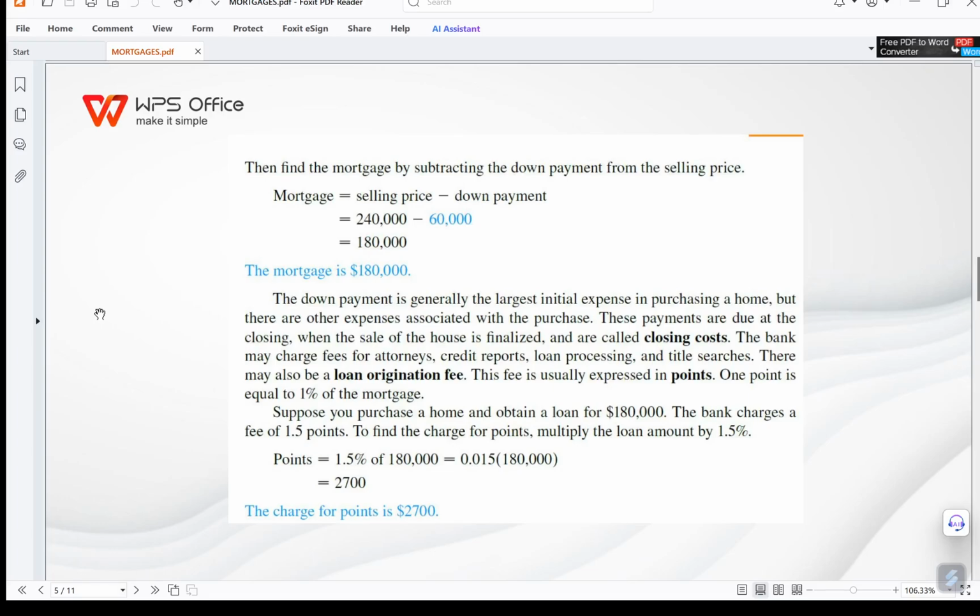So that is the charge by the bank. That's how much it can cost you to buy your own home. Note again that the points the bank charges are multiplied on the mortgage, or the amount to be loaned.